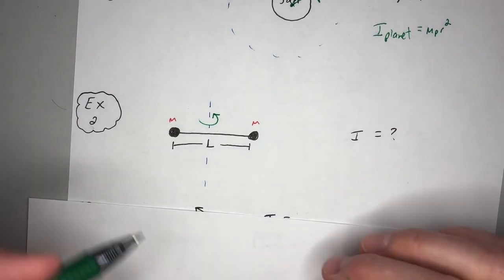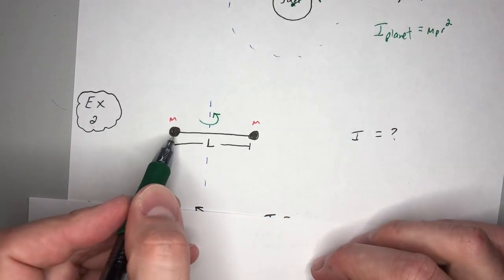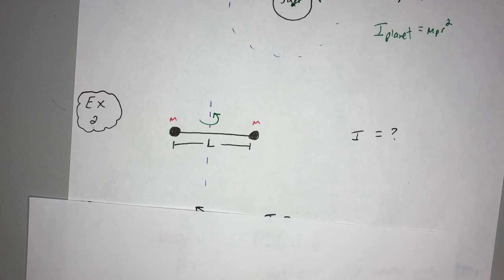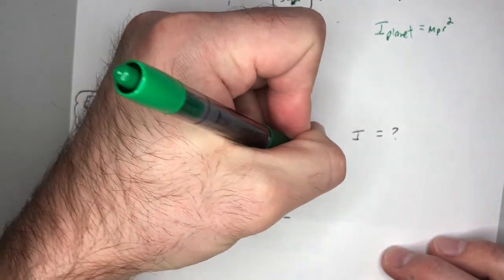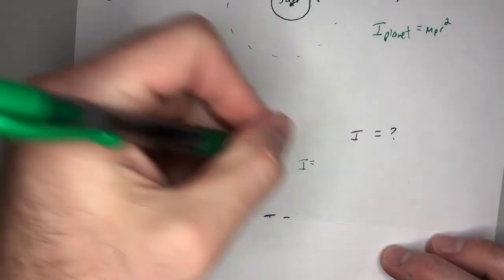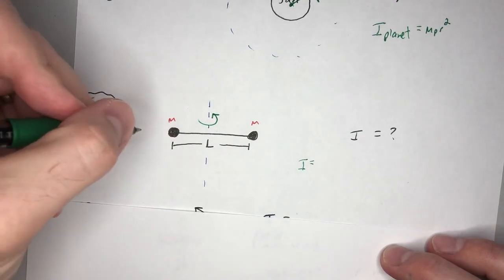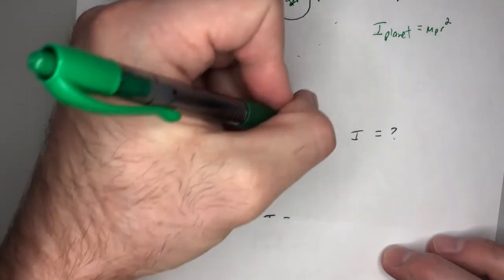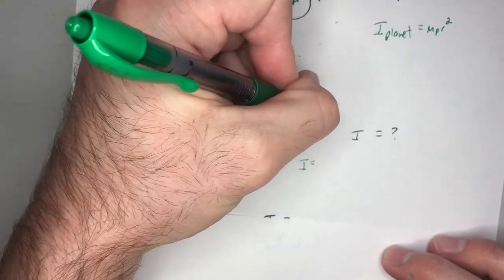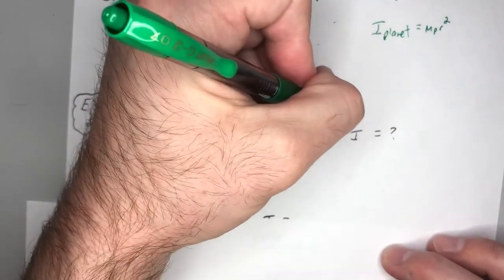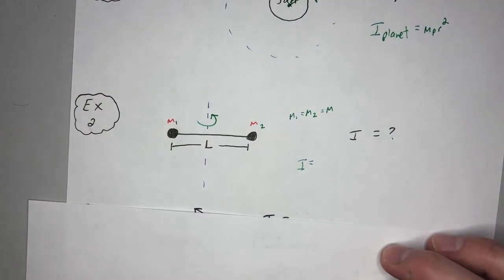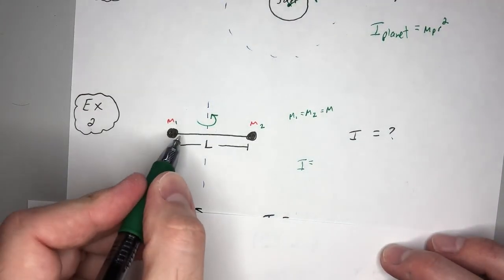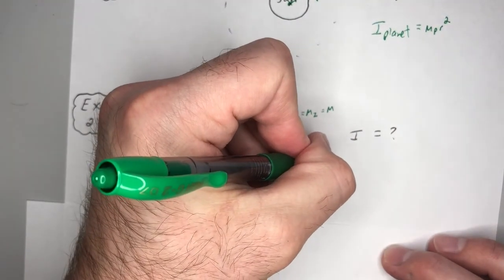We have to add up the moment of inertia of this 2-point mass system, and we're just going to follow our formula. If you want the I, it's going to be this mass right here. We'll call this one mass 1 and this one mass 2, and let's make a note here that m1 equals m2, which we'll call m overall, so don't let that mess you up. We add up the contribution of m1.